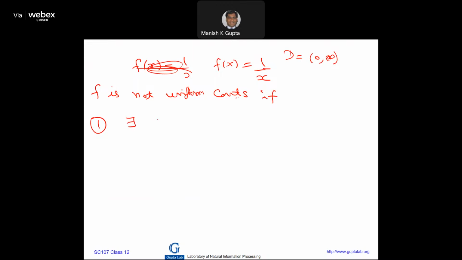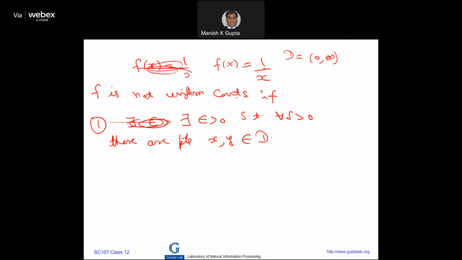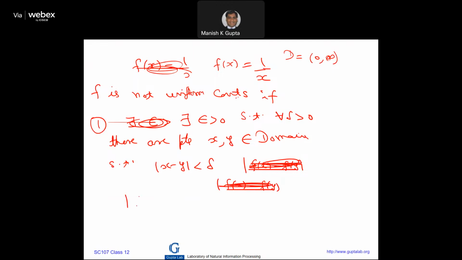There exists epsilon positive such that for every delta positive, there are points x, y in the domain D such that when we have mod of x minus y less than delta, then we have mod of f of x minus f of y greater than epsilon.